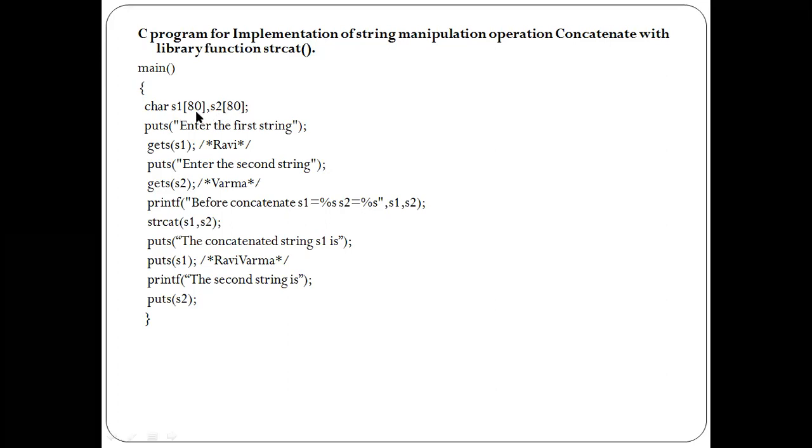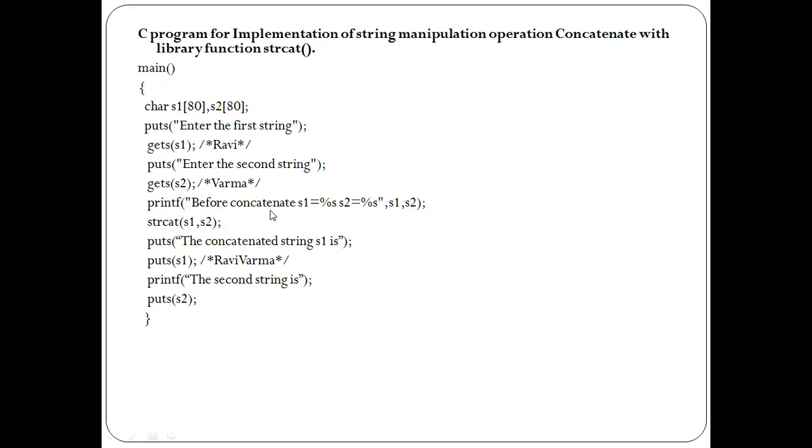I'm declaring the s1 size as 80 within the square brackets, and s2 as 80 within the square brackets. puts is like printf. puts("Enter the first string"); gets(s1); Here for string s1 I am giving Ravi. puts("Enter the second string"); gets(s2); gets(s2) takes string s2 directly. My second string is Varma.